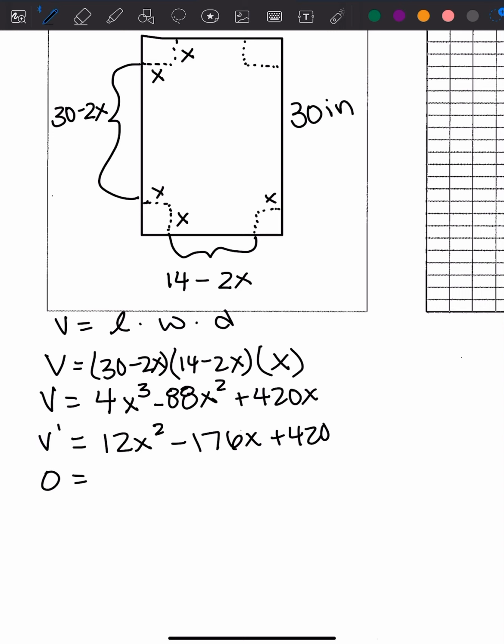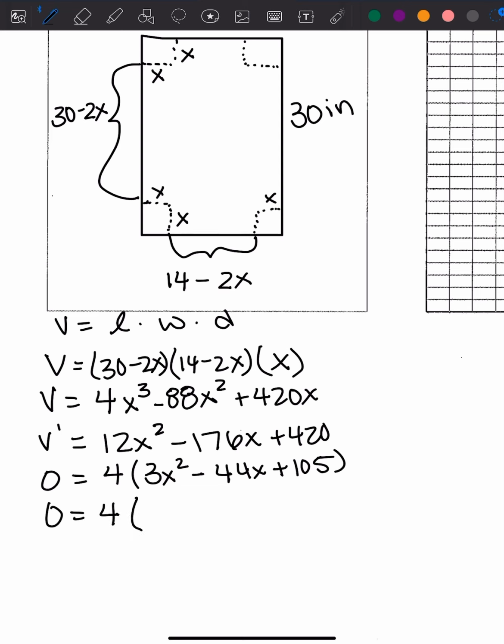One of the things looking at this is 176 is not divisible by 12, so we can't quite factor out a 12 from everything. We can factor a 4 out from everything. So we have 4 times 3x squared minus 44x plus 105. And then we're going to factor it.